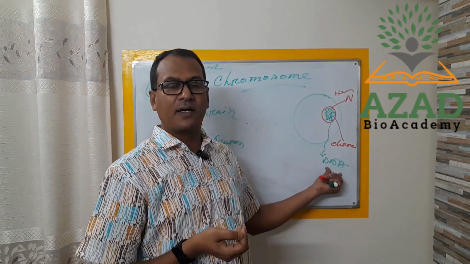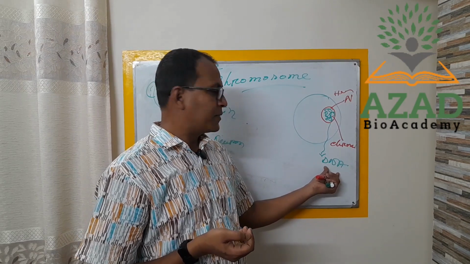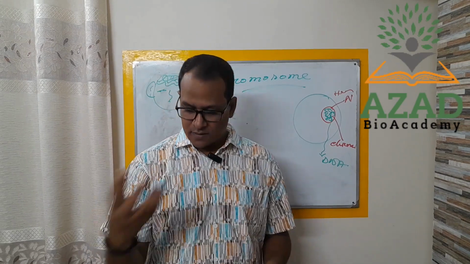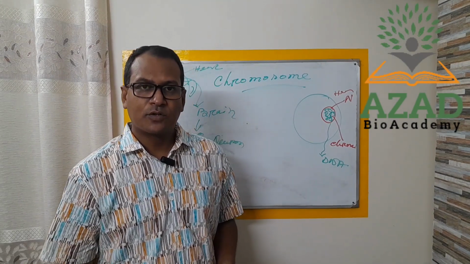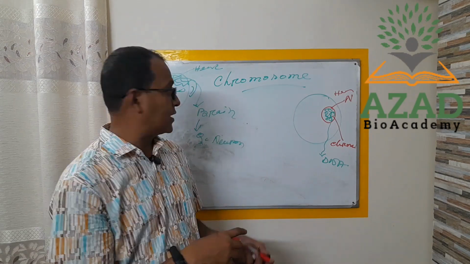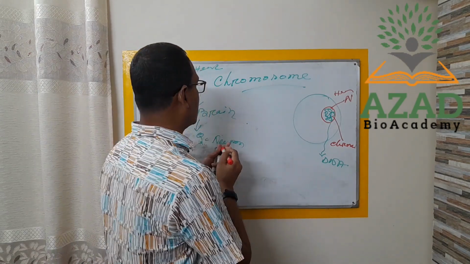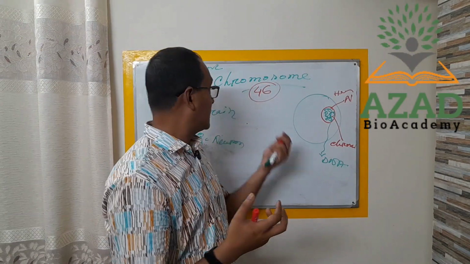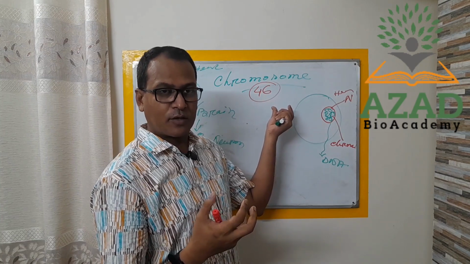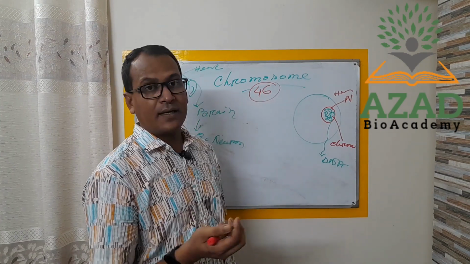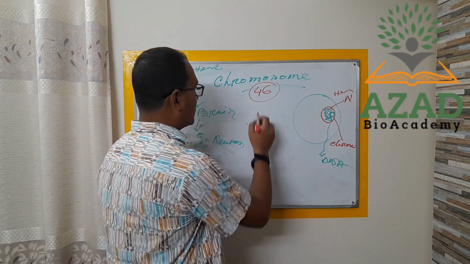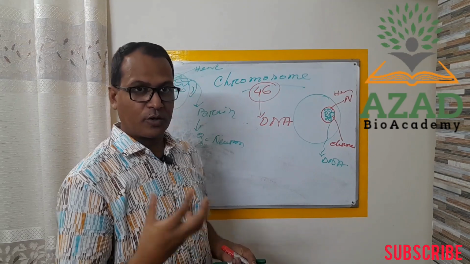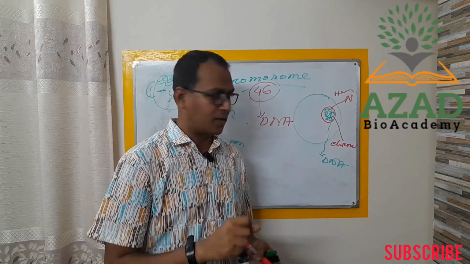So this genetic material is present, and how many DNA molecules are within your cell? Basically, you know, in a human eukaryotic cell, 46 chromosomes are present, but exactly the same, 46 DNA molecules are present within a eukaryotic cell like a human cell.